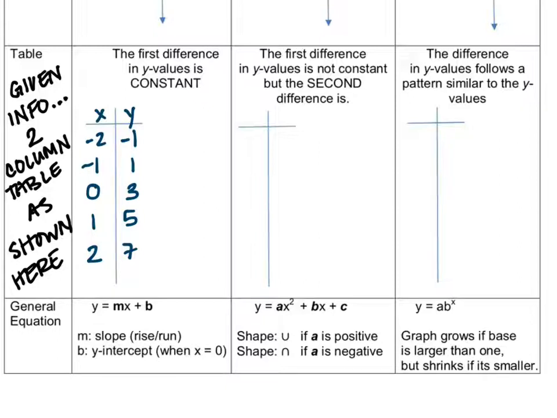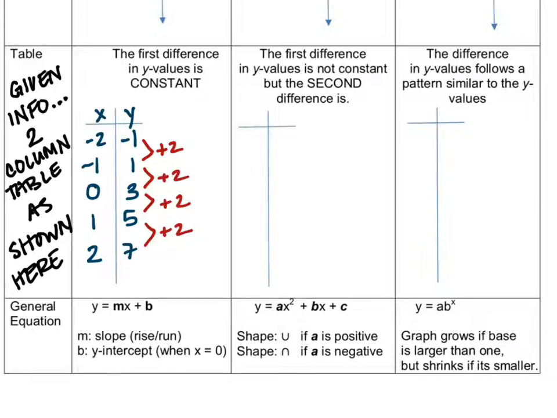So I'm going to take a look at that, and the difference between each of these, in fact, is 2. And that means that it doesn't vary or change, so that would be the definition of constant. It stays the same. And again, the difference is how do I get from one y value to the next y value.